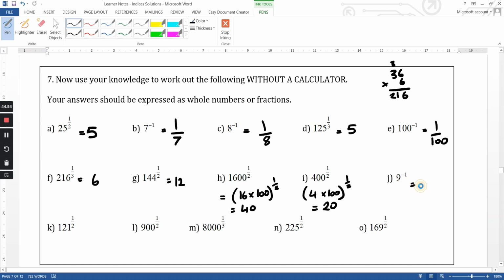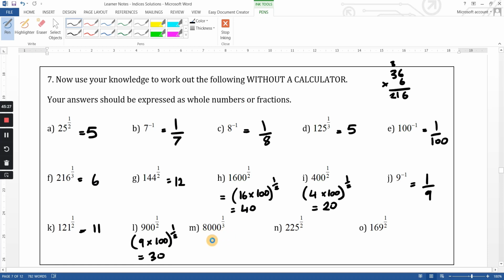J, that's going to be the reciprocal. K, that's going to be square root of 121, which is 11. Power half means square root, so again that's 9 times 100, square root of that, so that's 3 times 10, which is 30.